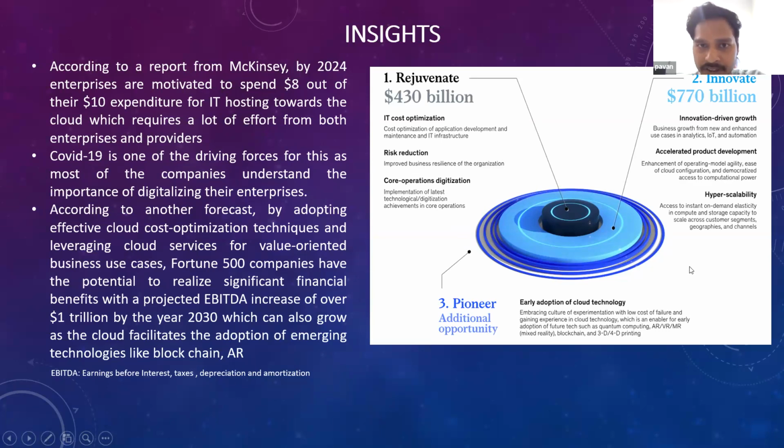So this picture shows the breakdown of that $1 trillion, in which legacy applications, rejuvenated applications, can save $430 billion. When they migrate from on-premises to cloud, they can save on IT cost optimization, and they get risk reduction and core operation digitalization.